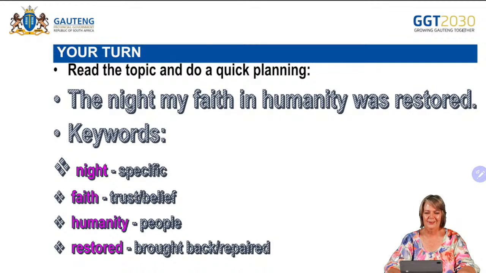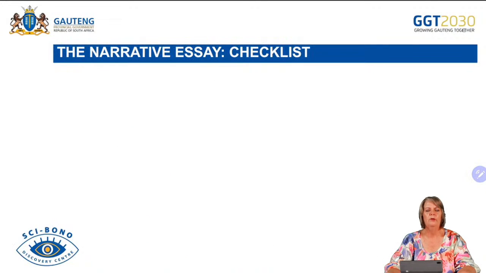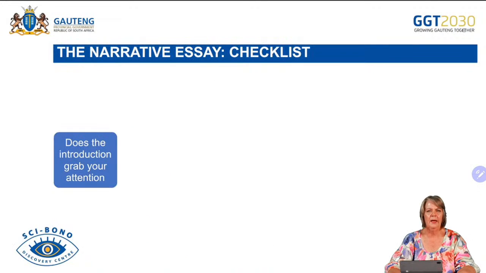Welcome back, grade 12s. I trust that you could do something with the topic. You could brainstorm and think about a couple of ideas, and that it actually sparked some creativity in you. When we do a narrative essay, we can actually use a checklist.